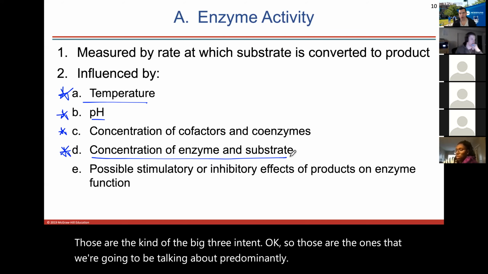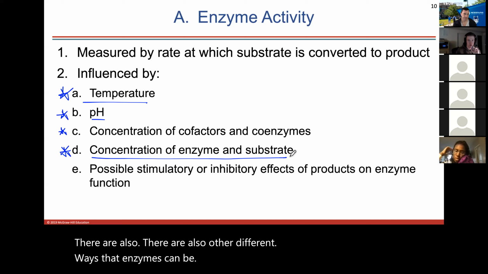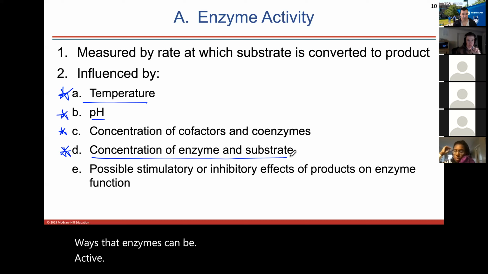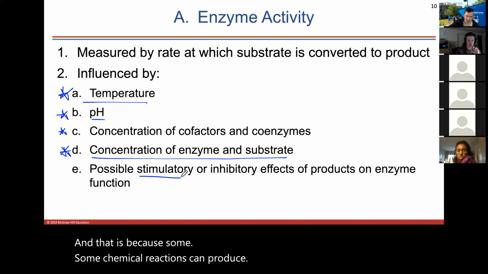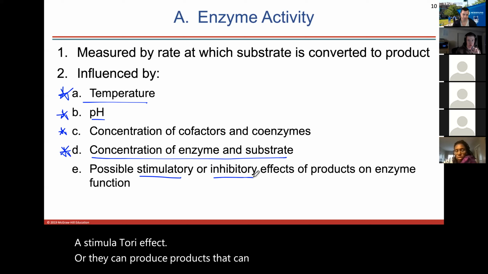There are also other different ways that enzymes can be active, and that is because some chemical reactions can produce a stimulatory effect, or they can produce products that can inhibit chemical reactions.